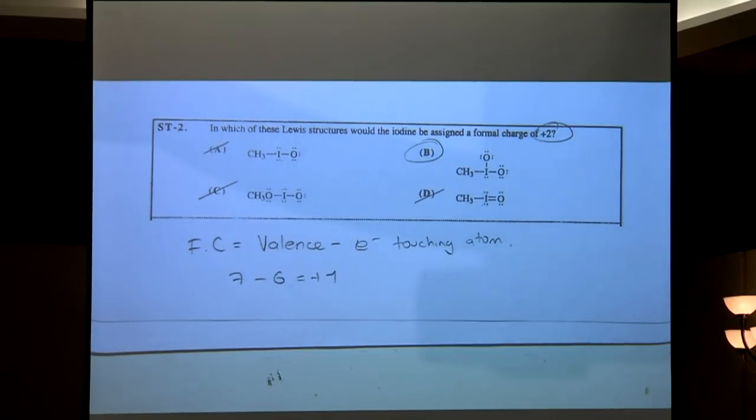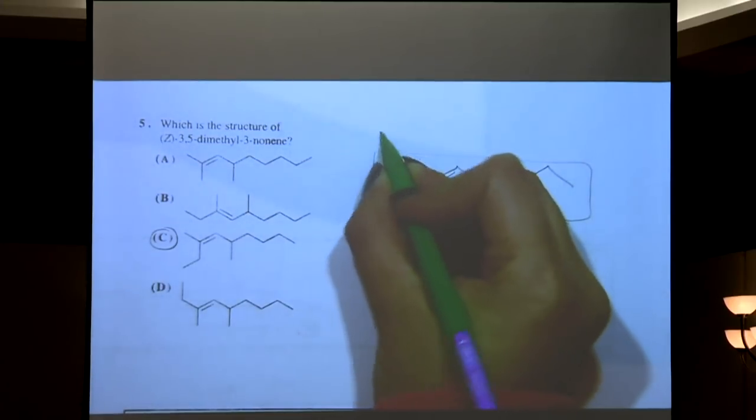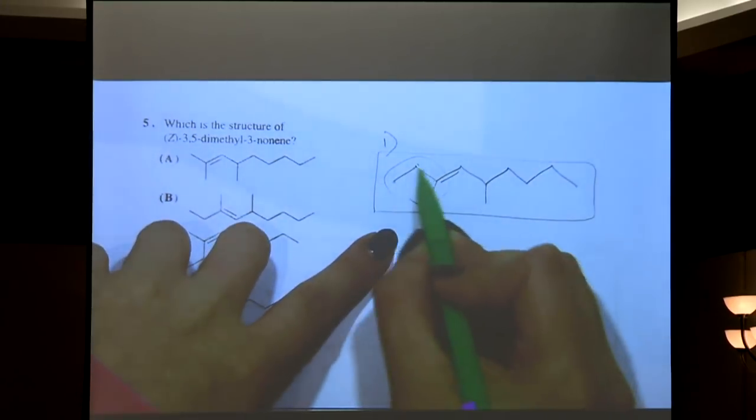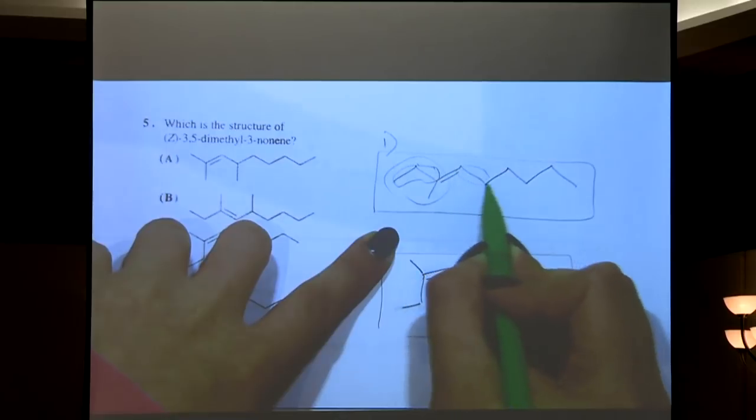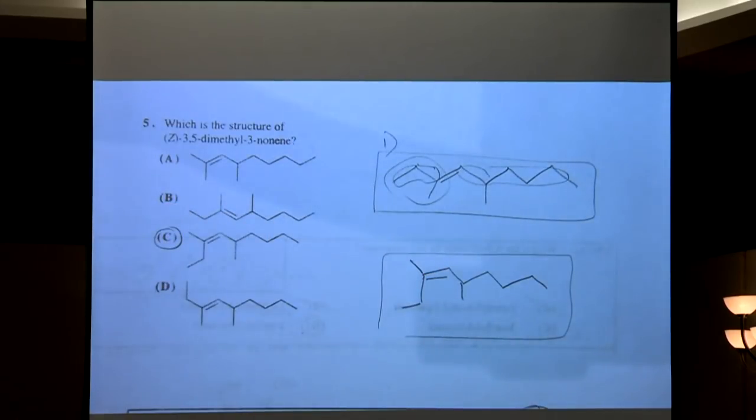Any other questions? Yes. Can you just go back up to the last one, number 5, real quick? Yeah. Yes. So it's the higher priority though. So we're looking at this one because when I did this one at first, our higher priority is on this side and then this whole chain over here. So if we look at that one, they're on the opposite side and that's not what we want.